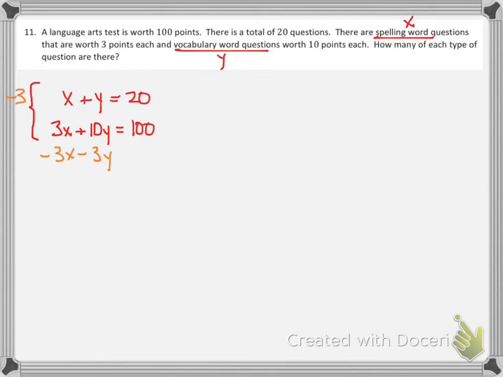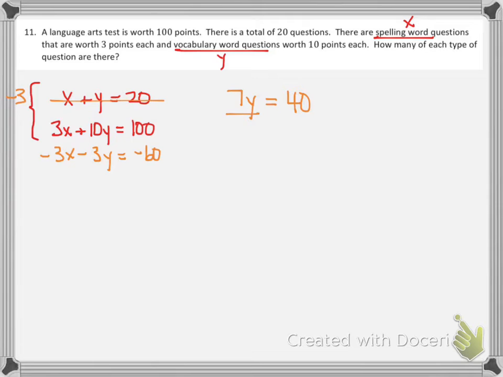And a -3 times 20 is a -60. Okay, so now I have these two equations. That's our new system. When I combine them, the x's eliminate. 10 minus 3 is 7y. And that's equal to 100 minus 60, which is 40.